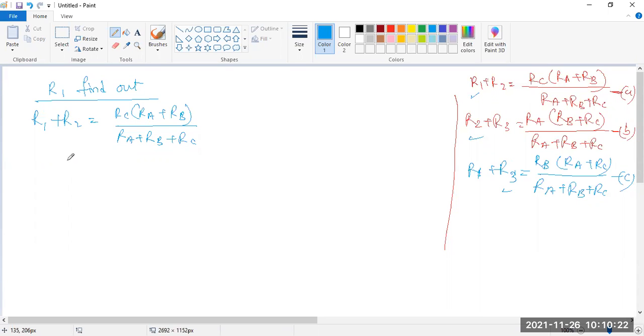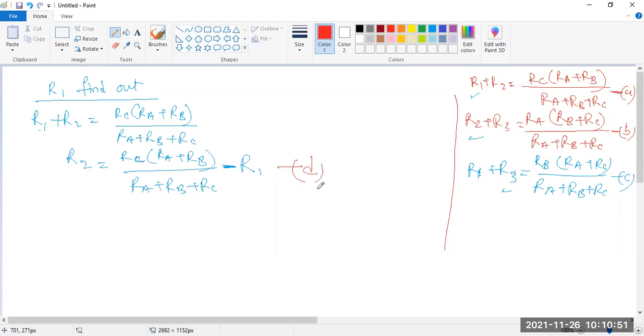And that R2 means RC into RA plus RB by RA plus RB plus RC minus this R1, this is minus, this is coming here. You have to give this equation D, A, B, C, D.